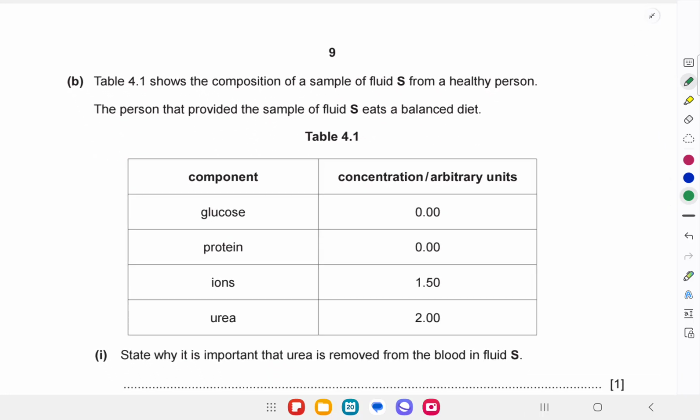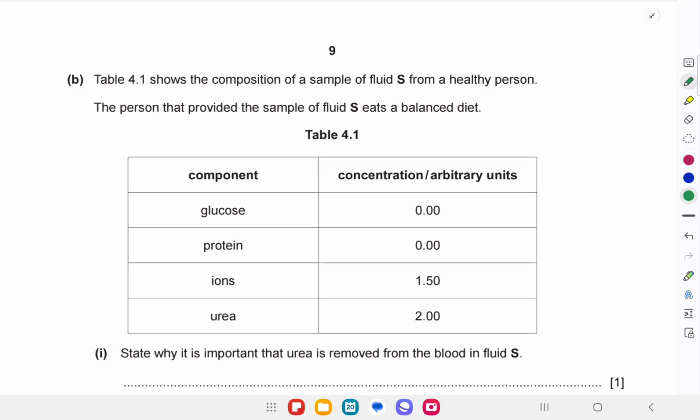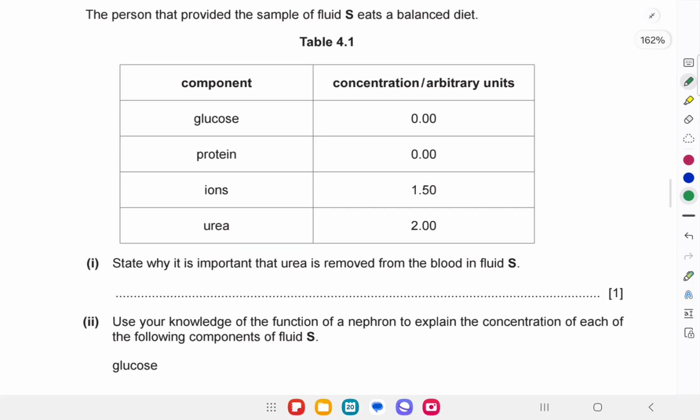Table 4.1 shows the composition of a sample of fluid S from a healthy person. The person that provides the sample of fluid S eats a balanced diet. State why it is important that urea is removed from the blood in the fluid S. Okay.